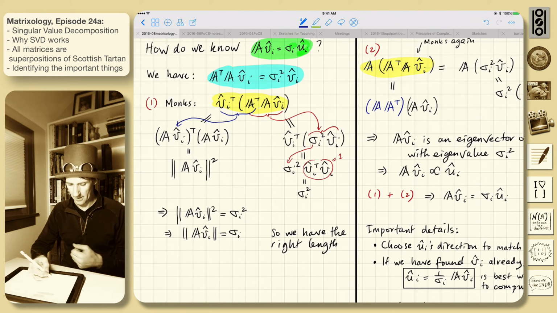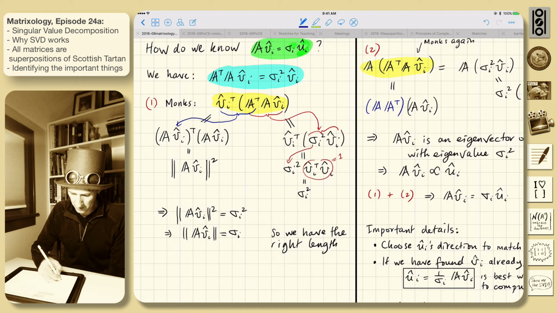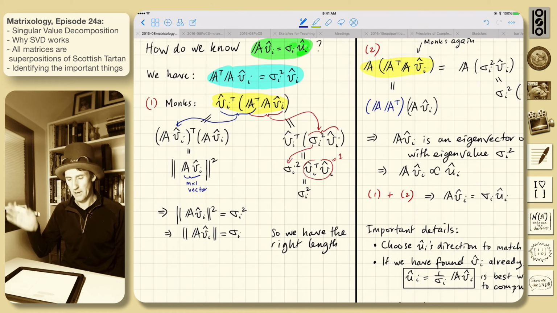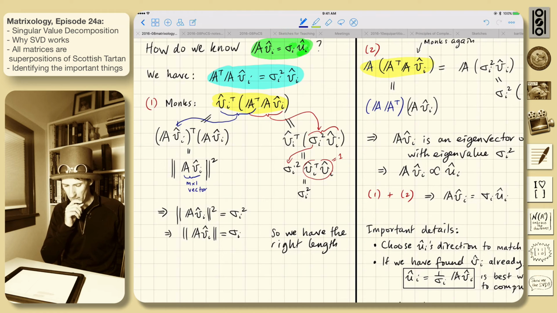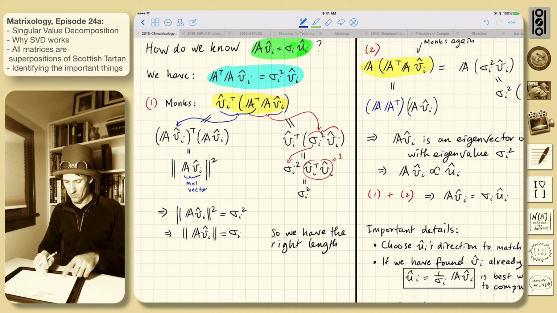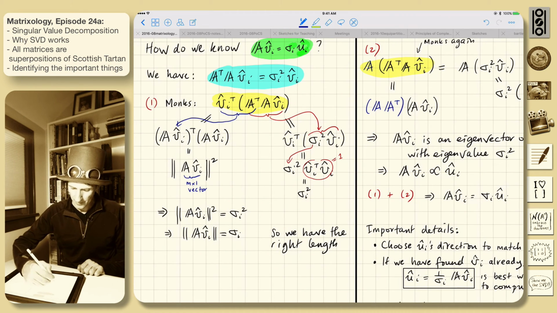So that's the length of that blob squared. This is a vector, an m by 1 vector. A is m by n, V is n by 1. So these things are true, so these must be equal.